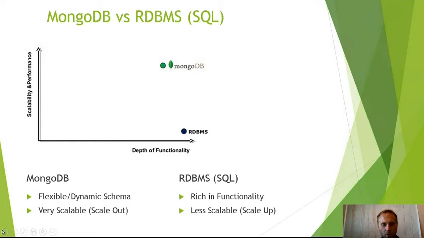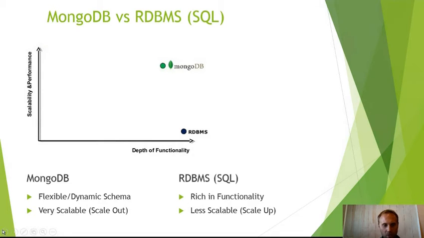So it gives it a lot of functionality, and it's very scalable, which is good because a lot of the implementations of MongoDB are more for big data type of applications. Relational database management systems are very rich in functionality. They've been around a long time, very mature, but they're less scalable. Not to say that they aren't scalable, but their scalability tends to come at a higher cost as they have to scale up, whereas MongoDB can scale out.